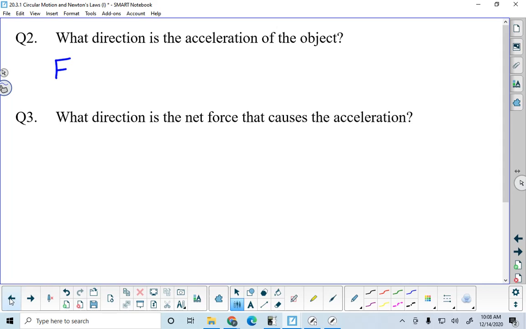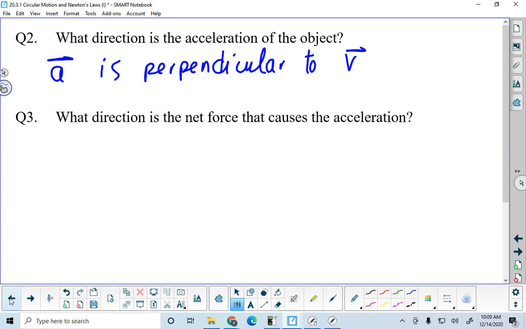F net, well, acceleration, which is the direction of the net force, is perpendicular to the velocity. This is a confusing thing because I know when you hear the word acceleration, you think speeding up. And then earlier in the course, I said, well, it could mean slowing down, but now I'm telling you it could mean changing direction.